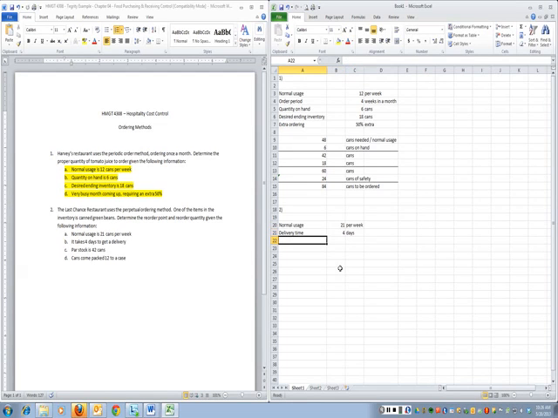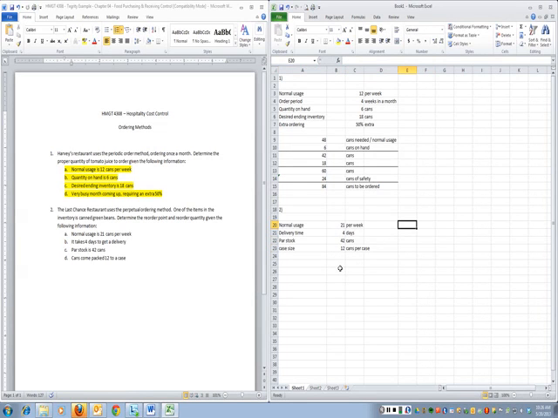Our par stock is 42 cans. And our case size is 12 cans per case.